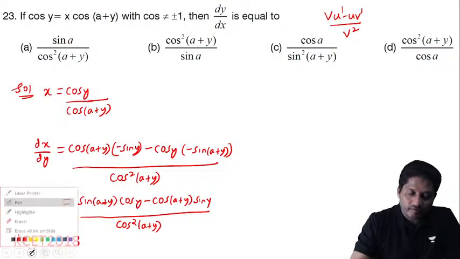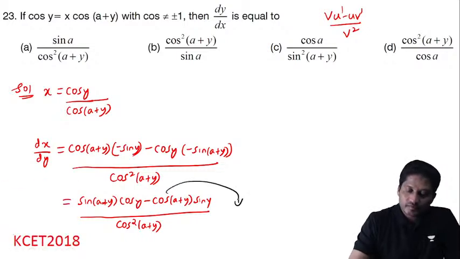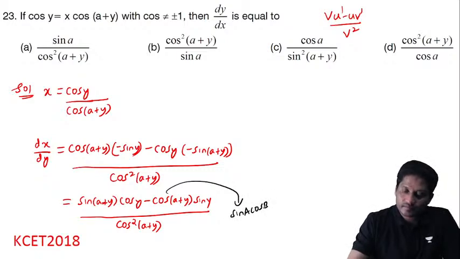Right, now this is of the form sine a into cos b minus cos a into sine b, which is equal to sine of (a minus b).